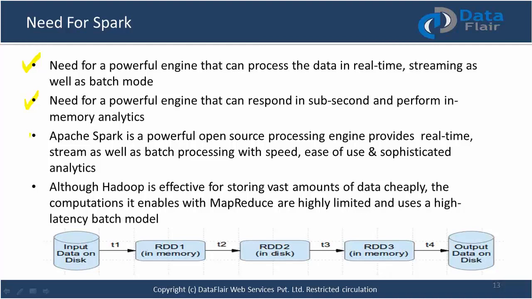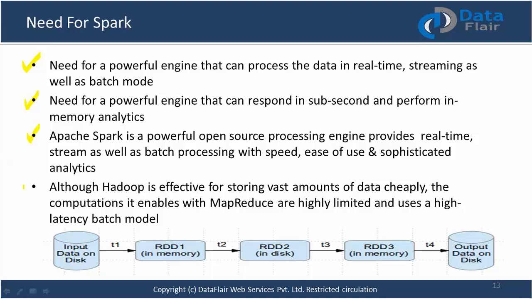So guys, Apache Spark is a powerful open source engine which provides real-time streaming as well as batch processing with very high efficiency, very high speed, ease of use. Just now I gave you one example, pretty few lines of code, and sophisticated analytics.